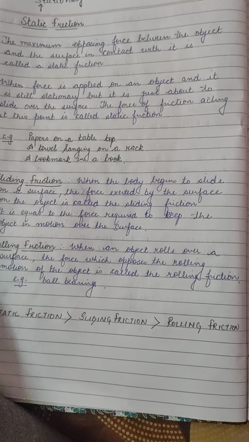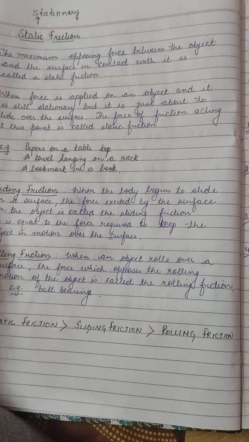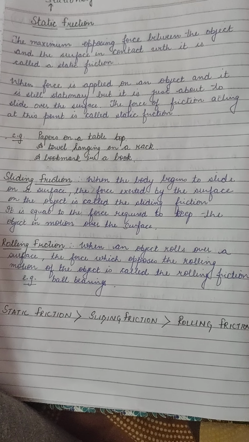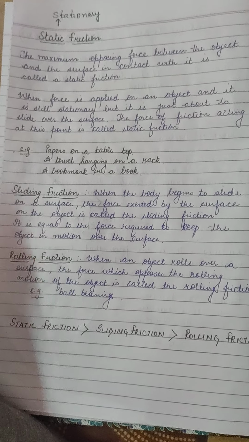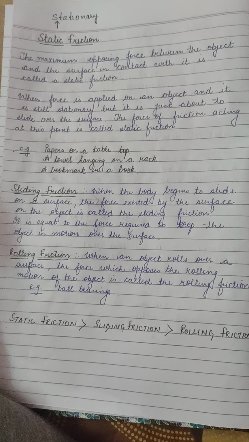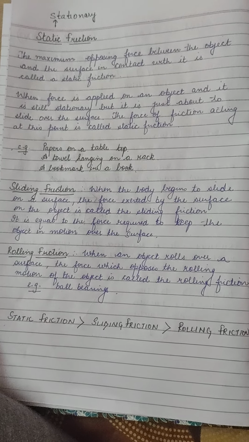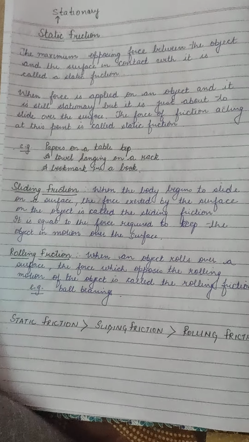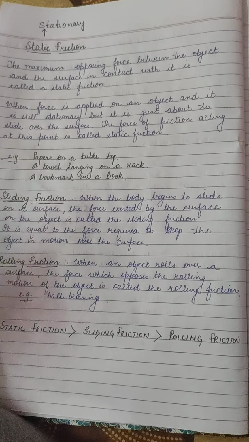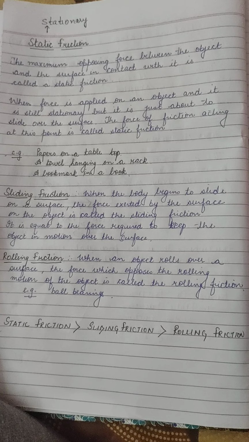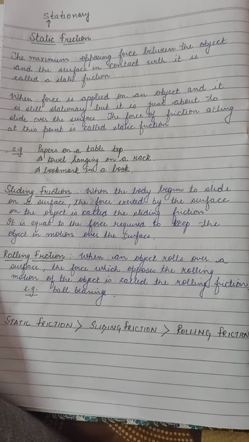Children, we have done three kinds of friction: static friction, sliding friction and rolling friction. Static friction is when the body is stationary, when the body is about to move. कि अब थोड़ी सी भी और force लगाई तो body चल पड़ेगी. At that point, the force opposing the motion of the body is static friction.